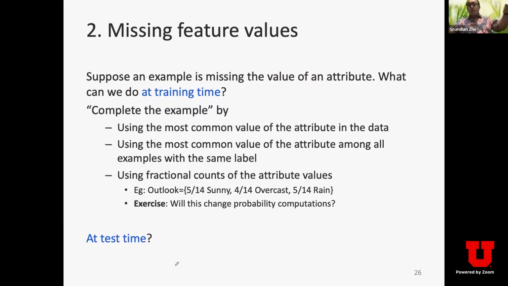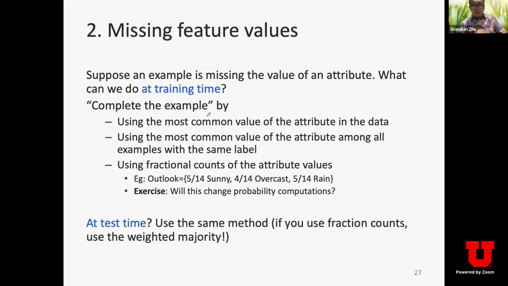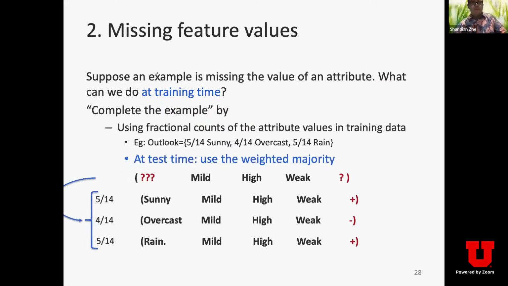Let's start with the most straightforward one. We can still use the same strategy as we just discussed to impute the missing feature value first, and then I throw it in my decision tree and get my label. But if we want to be more robust, like what we have done with the fractional examples, we can do the same thing. For example, if I give you a test example and I don't know the outlook value, according to the distribution of outlook values in the training set, I can break it into fractional examples.